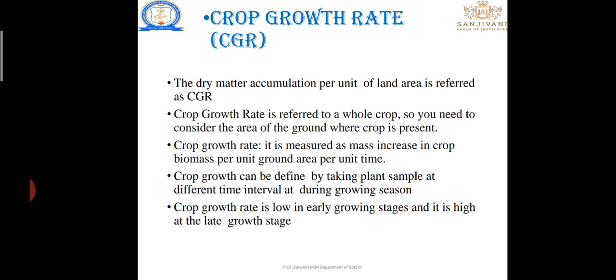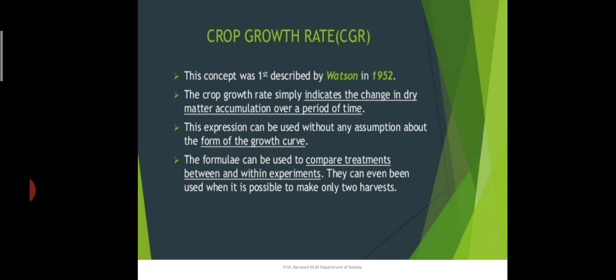Crop growth rate is measured as the increase in crop biomass per unit ground area per unit time. Crop growth rate can be measured by taking samples at different time intervals during a growing season. Growth rate is low in early stages and high in late stages.